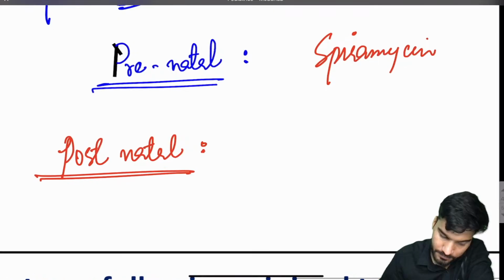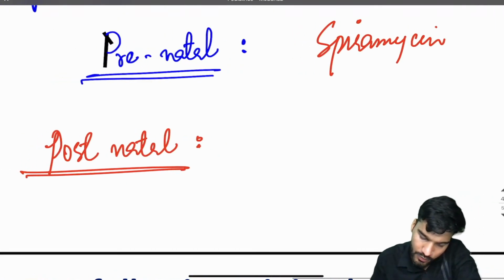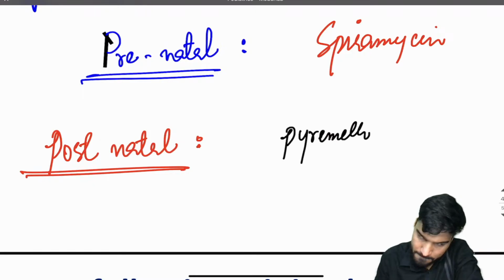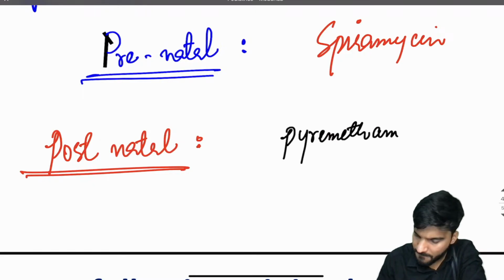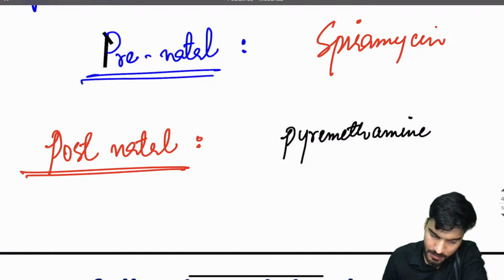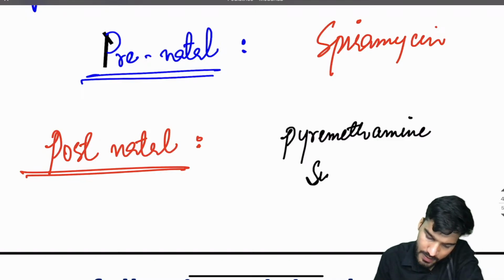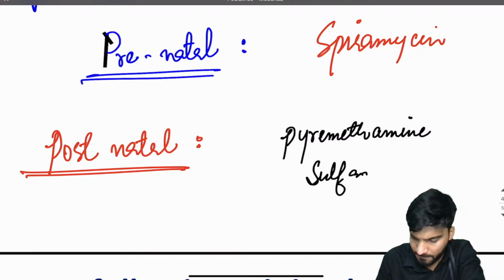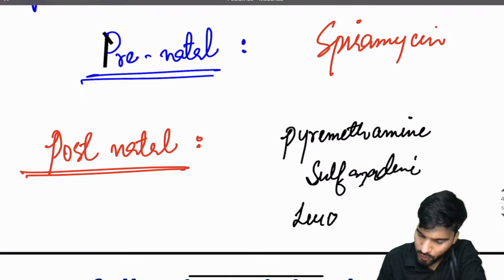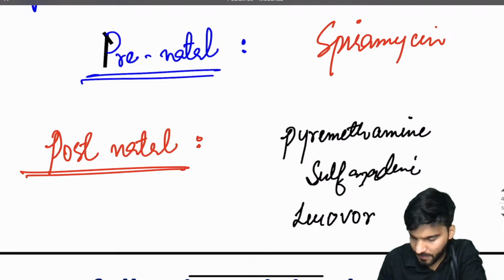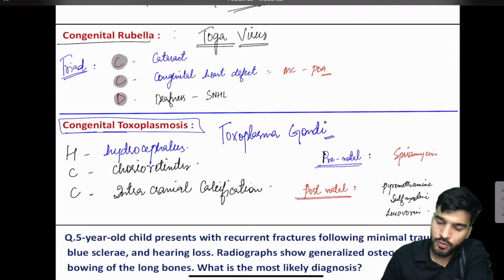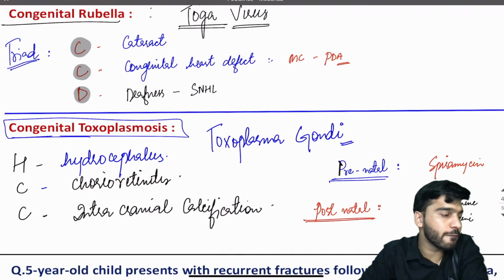What are the three drugs? First, pyrimethamine. Second, sulfadiazine. And we use leucovorin, or folinic acid.